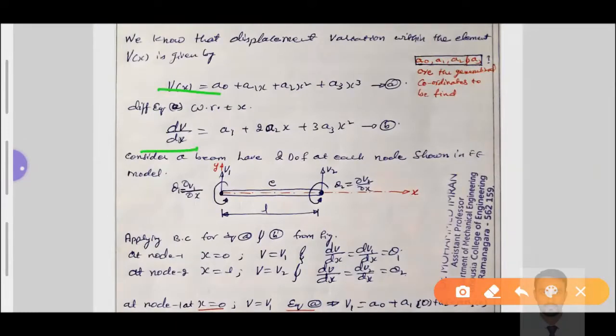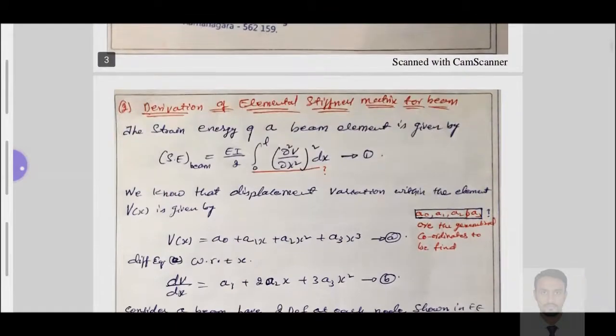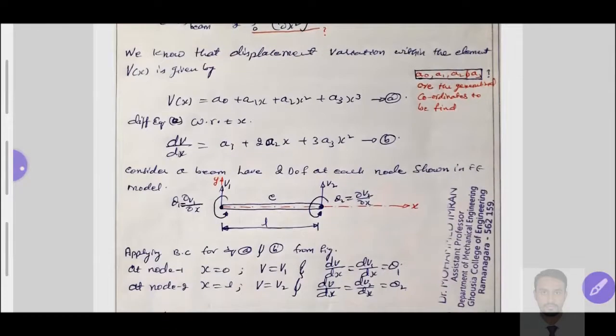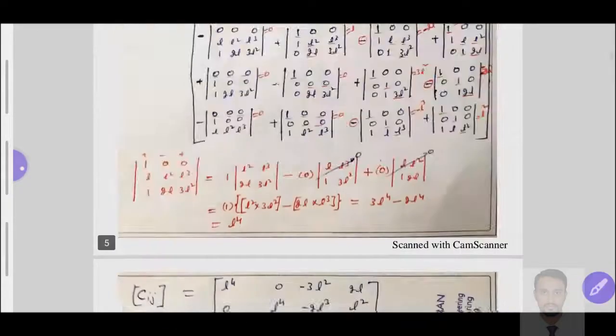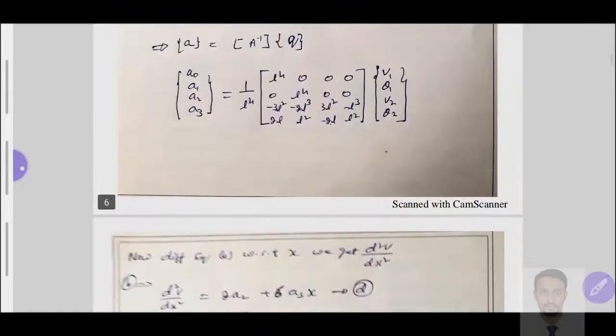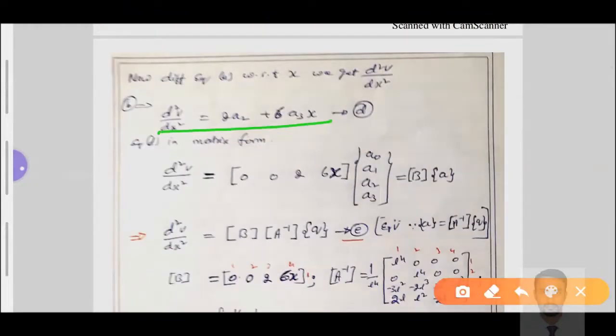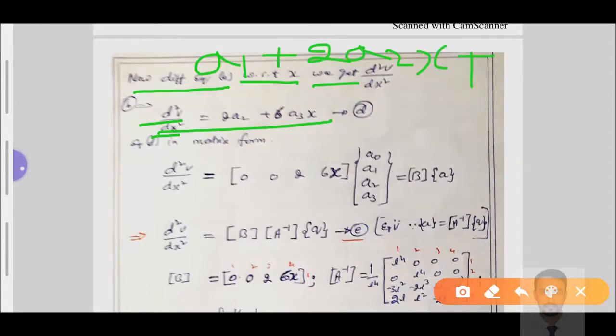With respect to V and dV by dx, we want what? d square V by dx square. Now we need to differentiate this equation again with respect to x. Differentiating equation B with respect to x, we get dou square V by dou x square. We have that equation: A1 plus 2A2 x plus 3A3 x square.